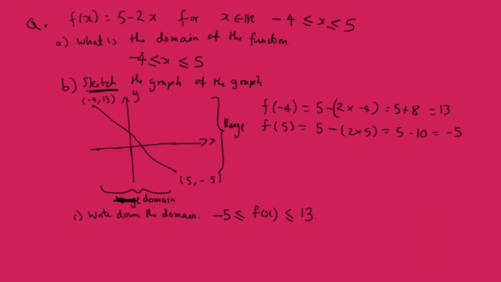Let's look at another example. So the function f is defined by f of x equals x minus 3 squared plus 8 for minus 1 less than or equal to x less than or equal to 9.